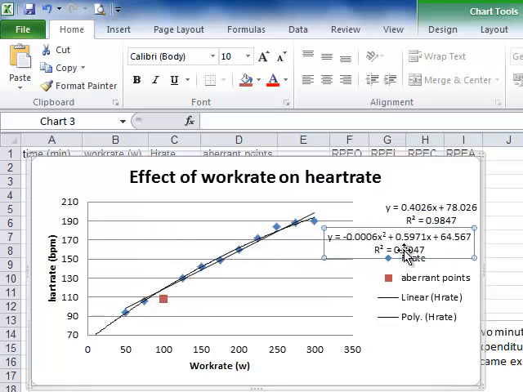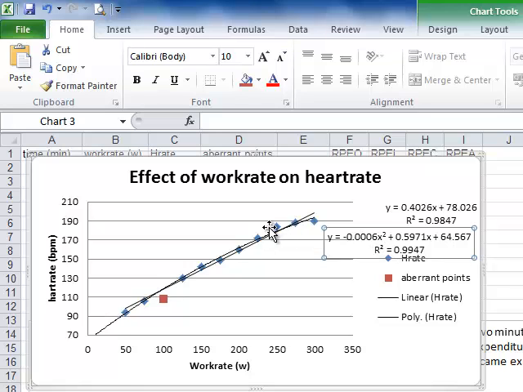So there is the second order polynomial fitted. So what this is saying is that the resting heart rate was actually 64 beats per minute, and that progressively increased at almost 0.6 beats per minute, but with increasing work rate the amount that it actually increased progressively declined.